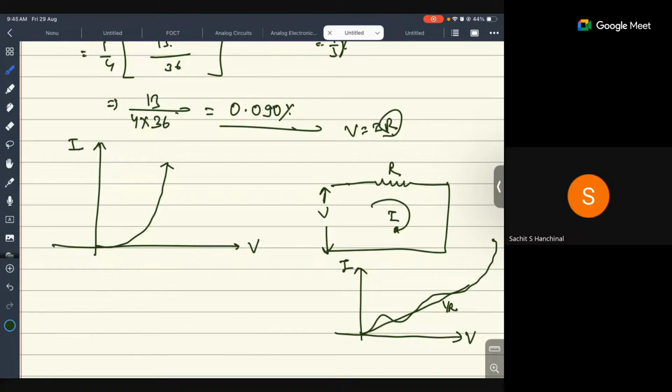Now if we increase the frequency, because of that frequency the vibration is done, and because of that vibration the response of that device will change for higher frequencies. So if you are using a normal resistance for a high frequency, the response is different.